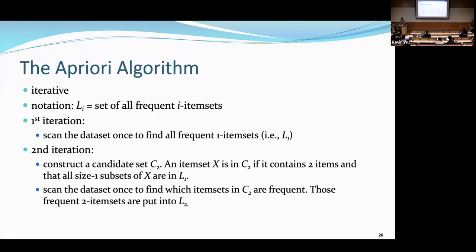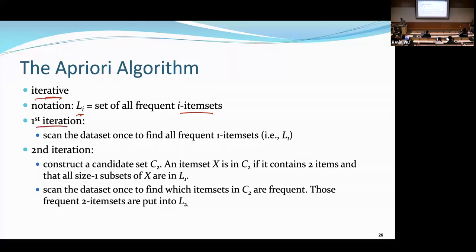Here, let us get into some more details of the Apriori algorithm. It is an iterative algorithm. Let me use the notation Li to denote the set of all frequent item sets with i items, that is, an item set is in Li if it has i items and it is frequent. Let's look at what it does in each iteration.